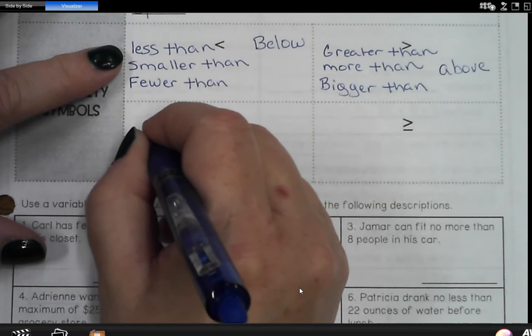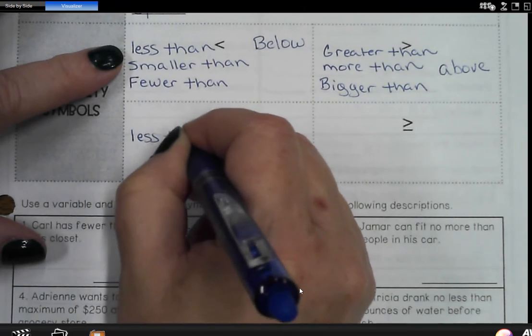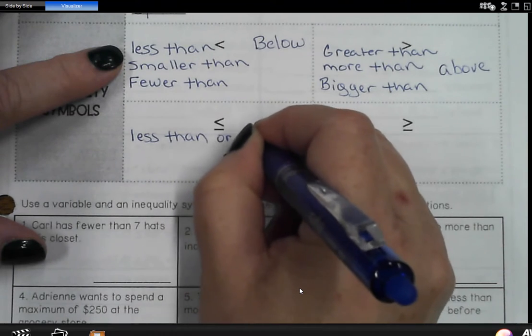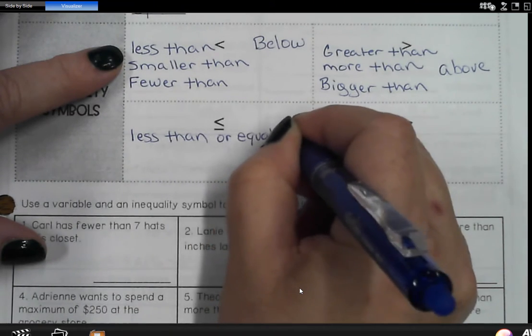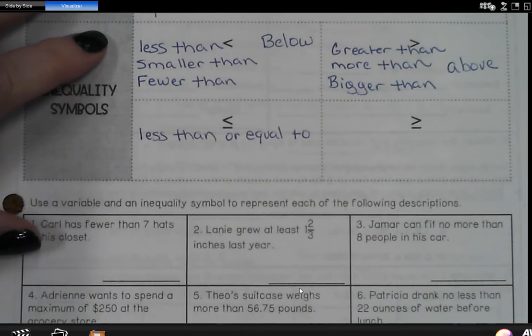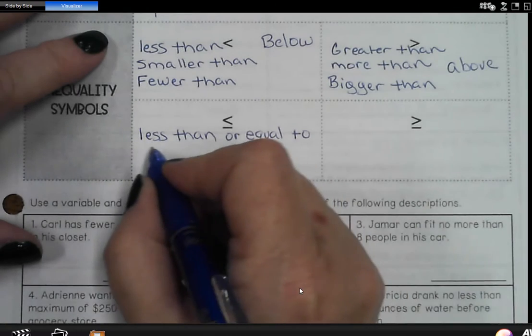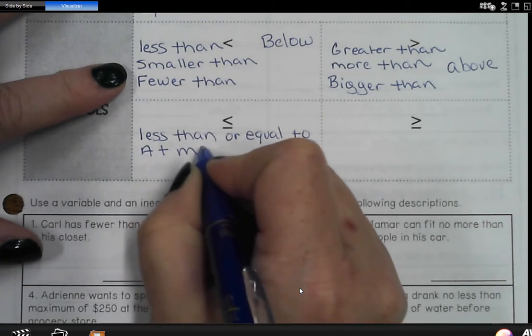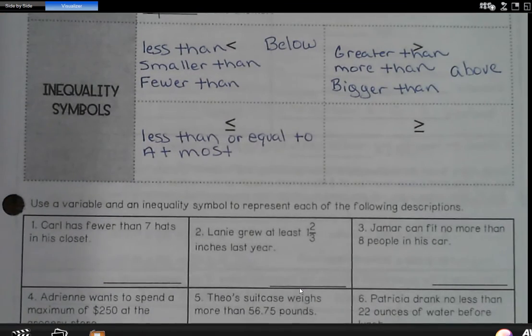So we know this one to be less than or equal to. But it's also at most. Which, when you see the word most, you think it's going to be greater than.